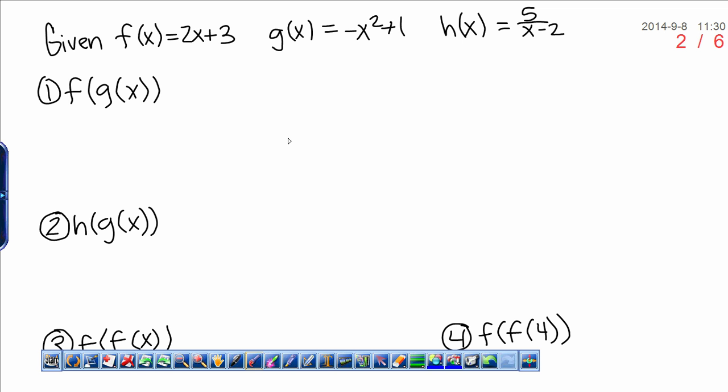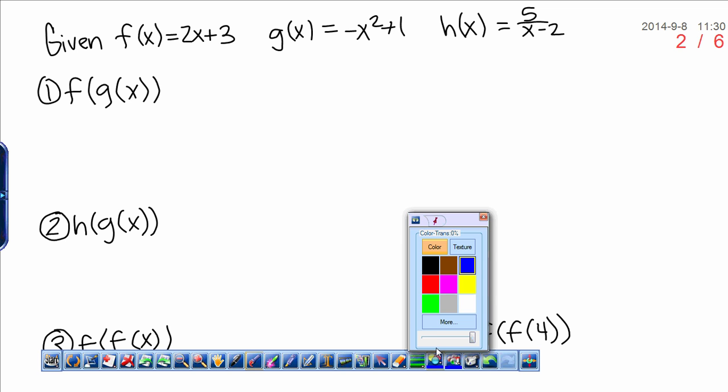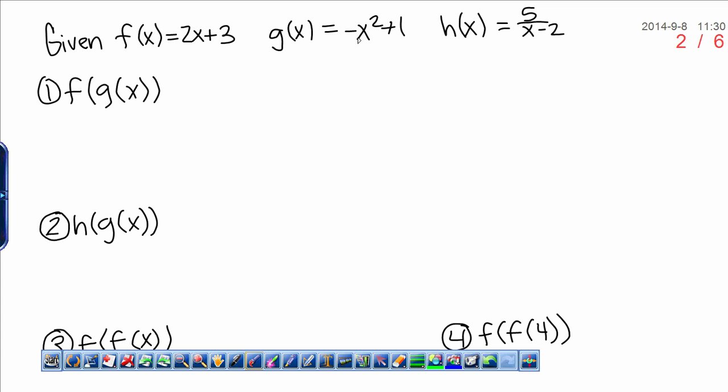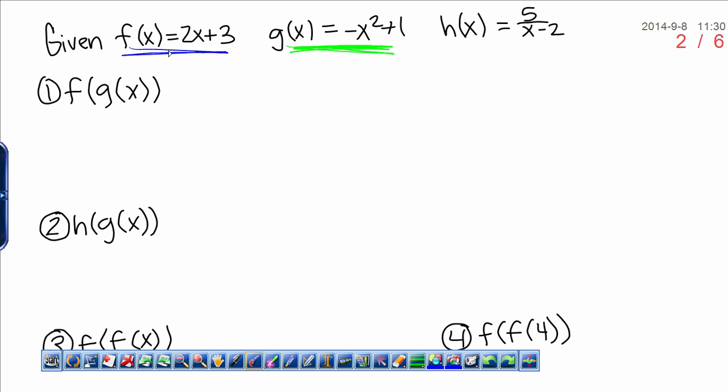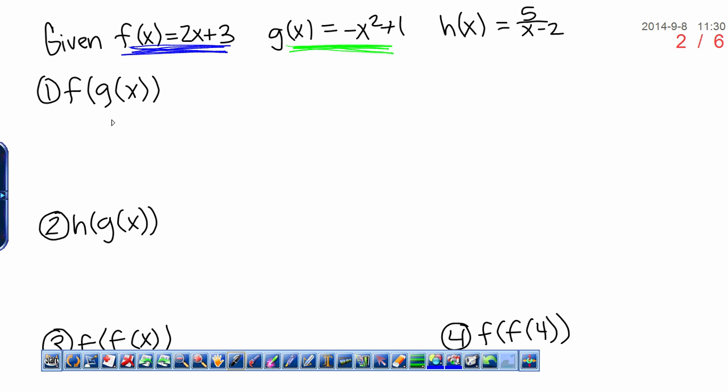Okay, so look at number 1. Number 1 is asking me to find f of g of x. So I'm going to let g of x be green, and I'm going to let f of x be blue. g of x is going to get plugged into the function f.